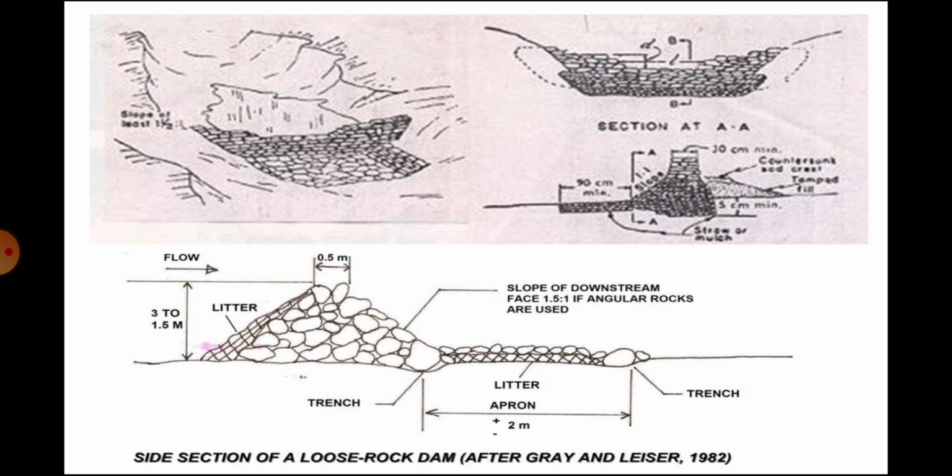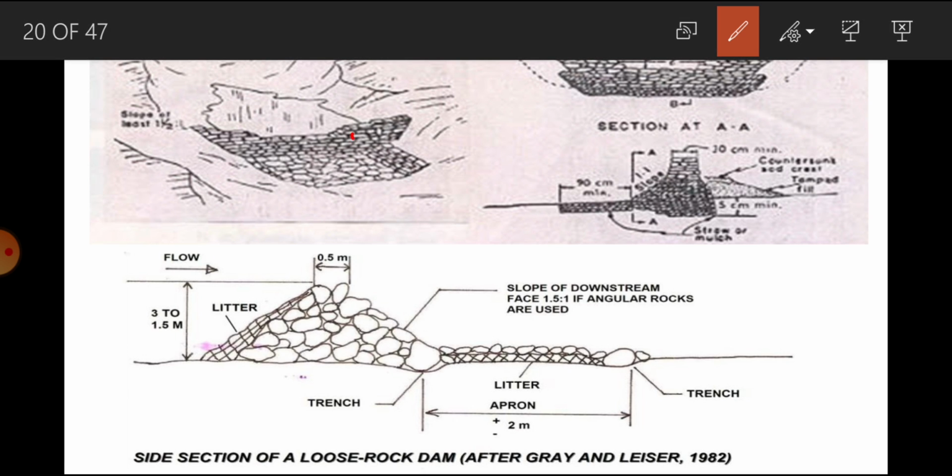See, this is one pictorial presentation of such dams. You can see the apron is a must, and this is the boulder or stones. This is the flow, you can see upstream, and then after this dam the downstream will flow like this. And here is an apron, this is the apron.